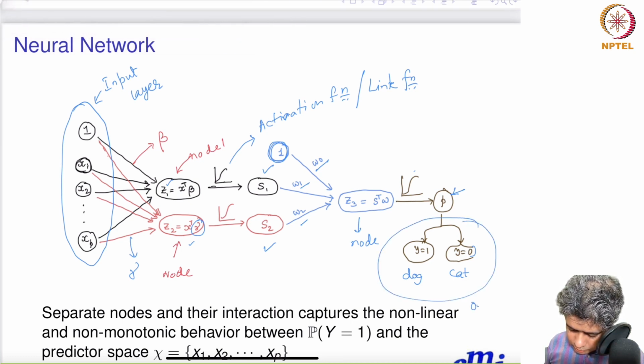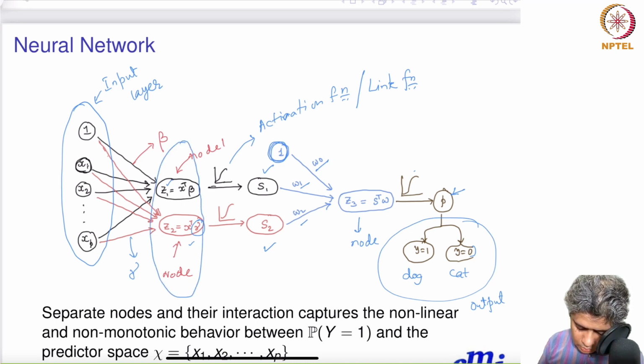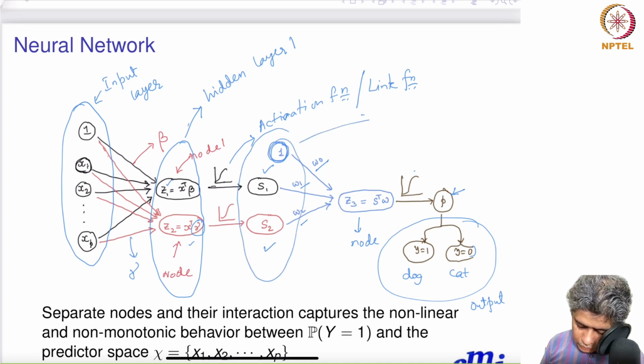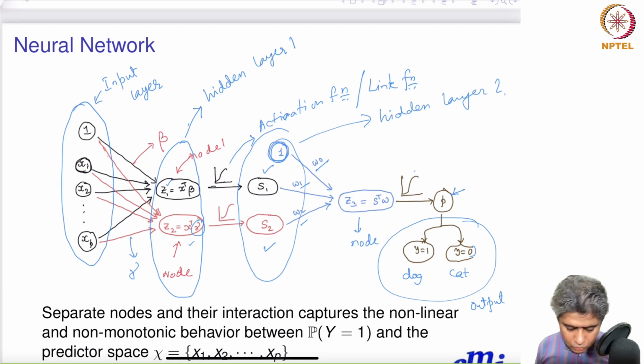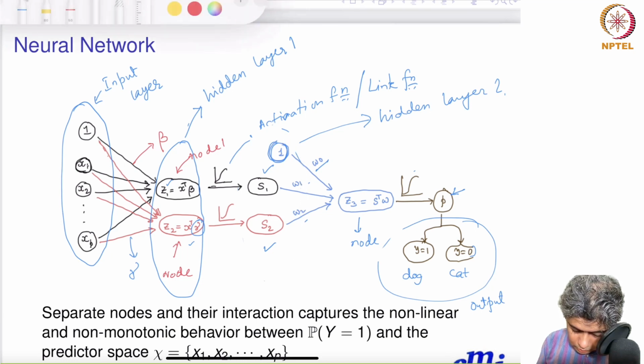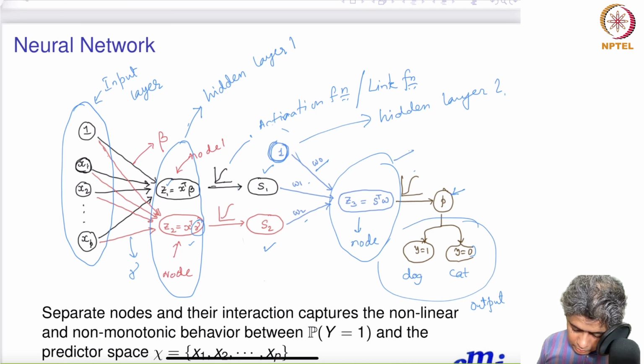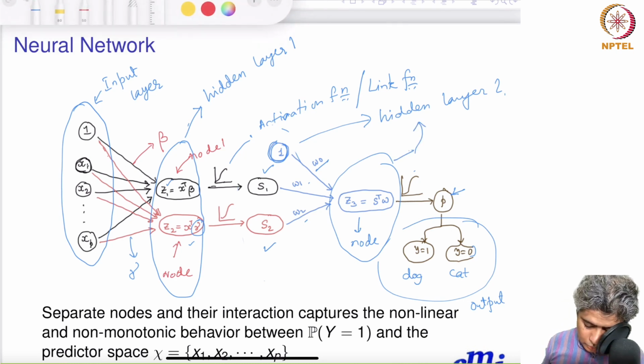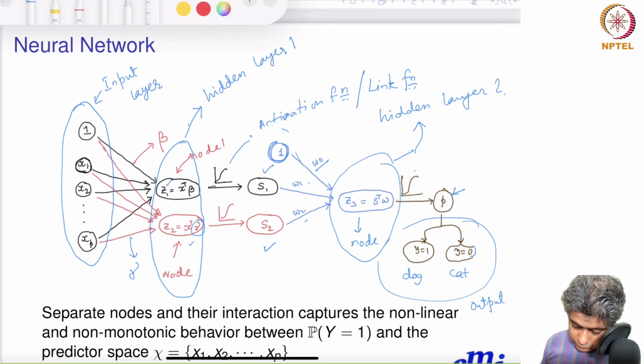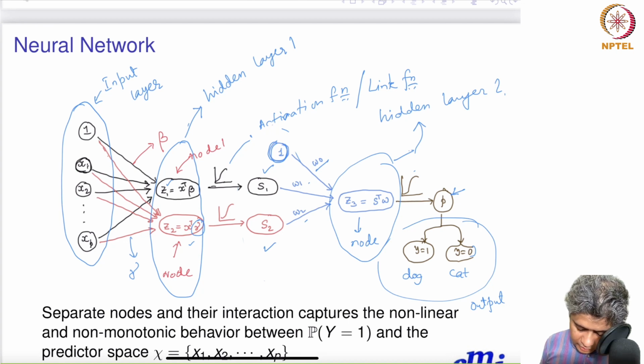This is hidden layer 1, and this is hidden layer 2. These are the activation variables after activation.